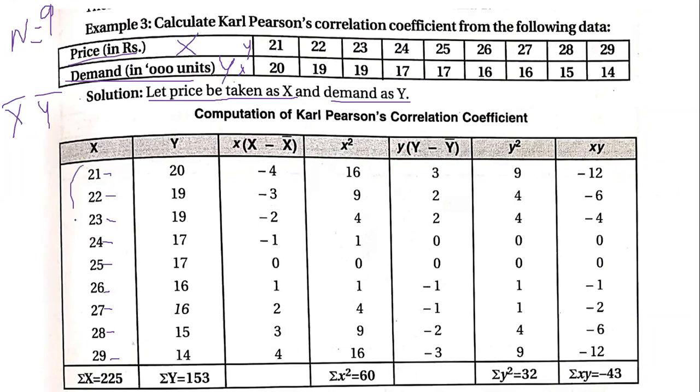So we will add all of the x data, and the total, sigma x, is 225. So x bar is nothing but sigma x by n. So sigma x is 225 divided by n, that is 9. Now somebody who can calculate, tell me what the answer will be. 225 divided by 9.